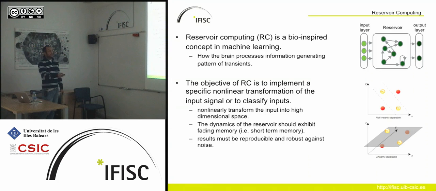You can even have auto-interaction. And in the end, we have an output layer that is going to be the response to a particular stimulus. What we ask the reservoir to do is to give us a nonlinear transformation of the input, so we can classify it or predict the signal.